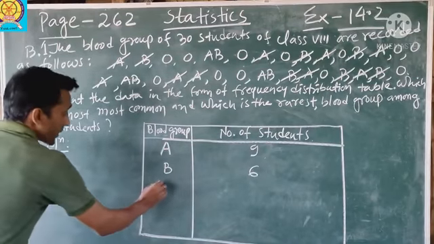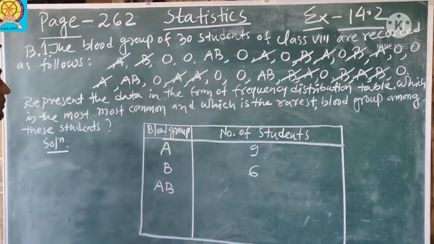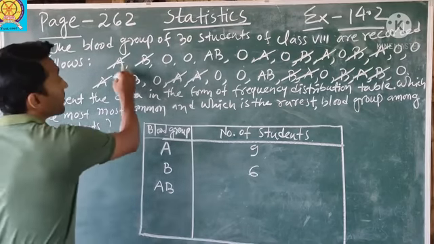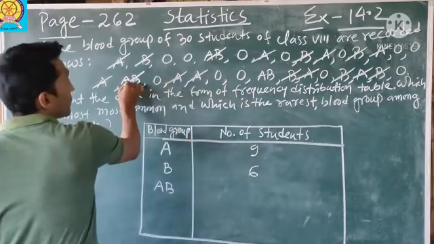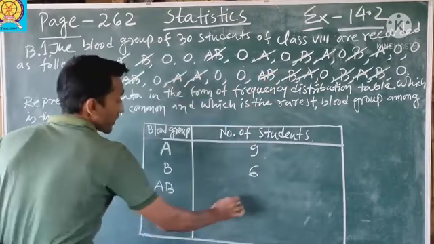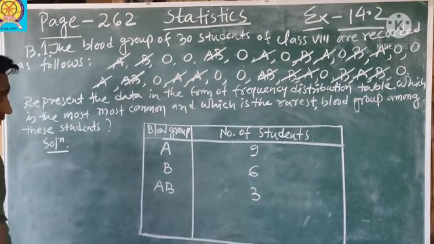Then you see blood group AB. How many students are there of blood group AB? 1, 2, 3, only 3 students. The AB group has only 3 students.